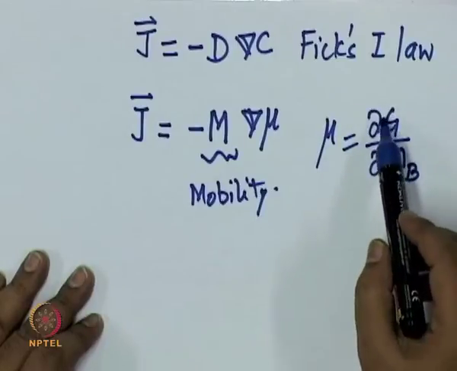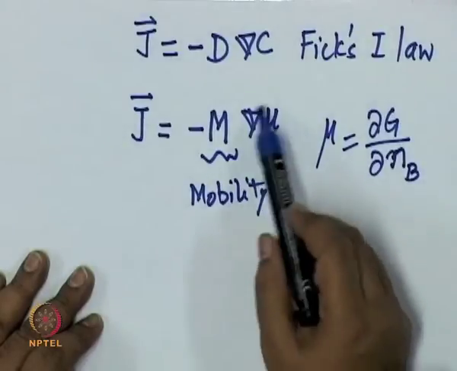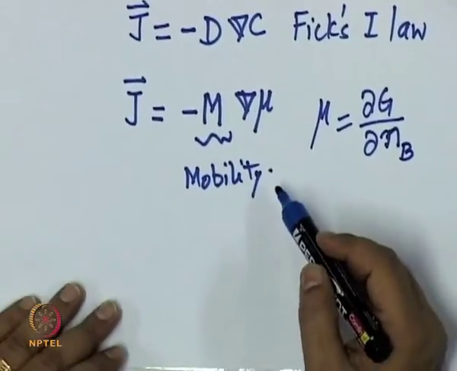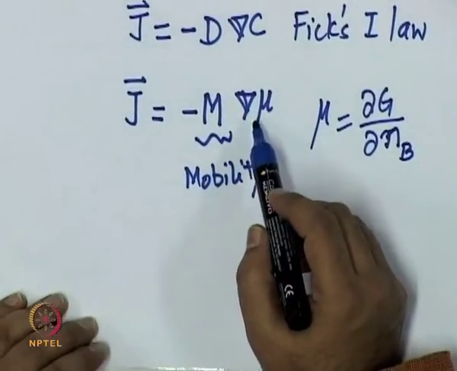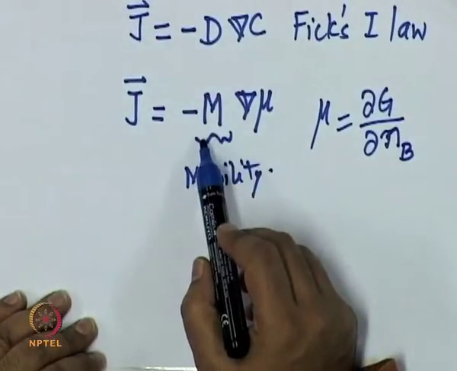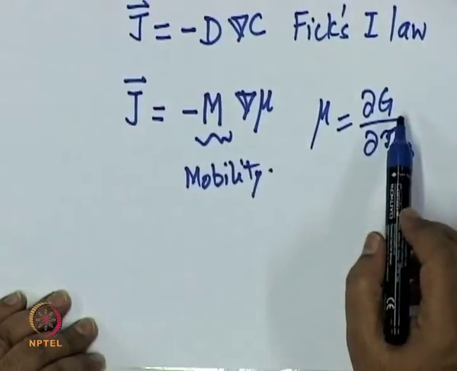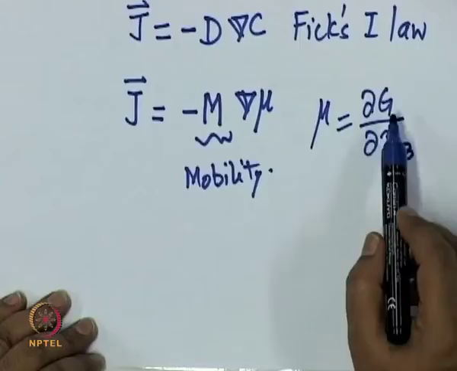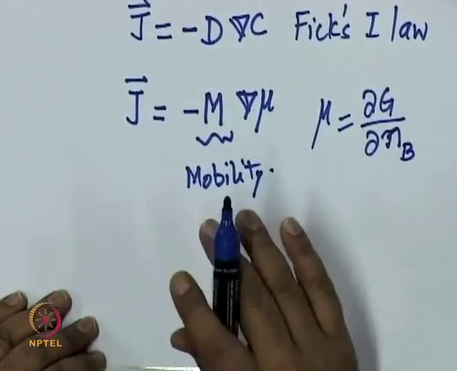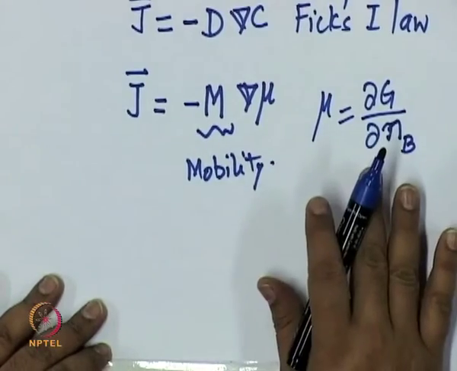So, how that free energy changes with B atoms is going to be part of this information, and you can show that this diffusivity is nothing but the mobility times the curvature of the free energy versus composition curve. Okay, this is something for you to think about. We will do it in greater detail, we will do the algebra.